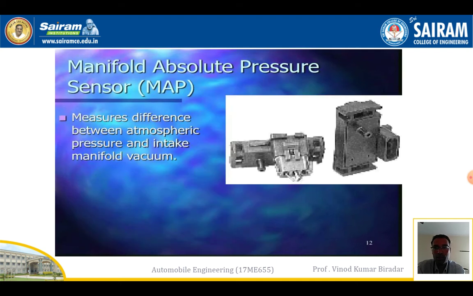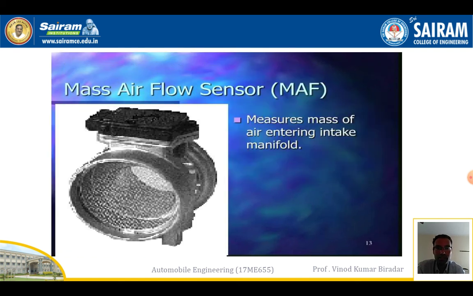The manifold absolute pressure sensor measures the pressure difference between the atmospheric pressure and the intake manifold vacuum, detected automatically. The mass airflow sensor measures the mass of air entering the intake manifold. There is no manual work; everything is measured automatically.